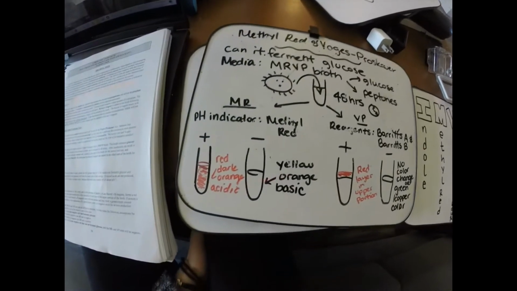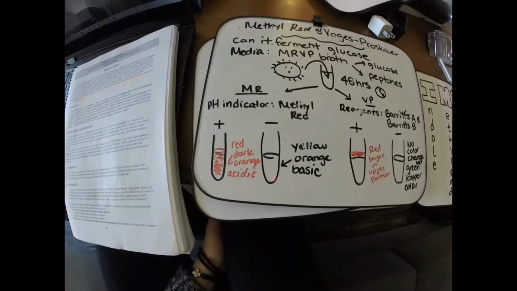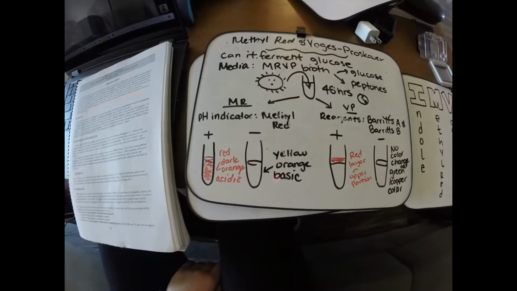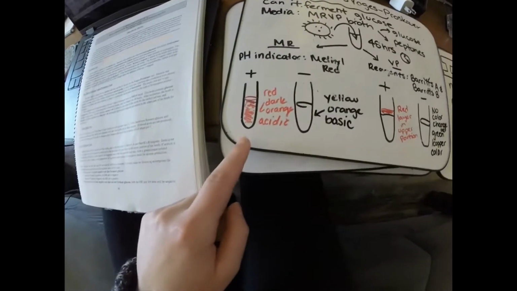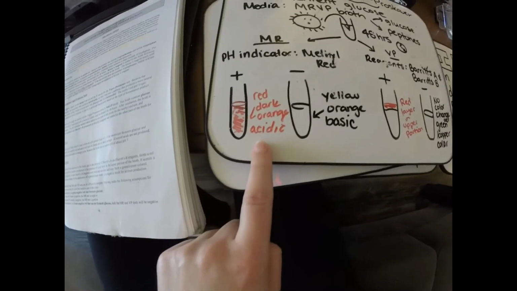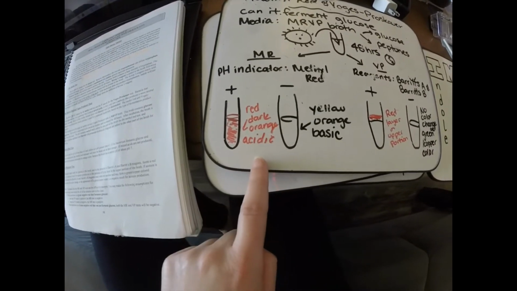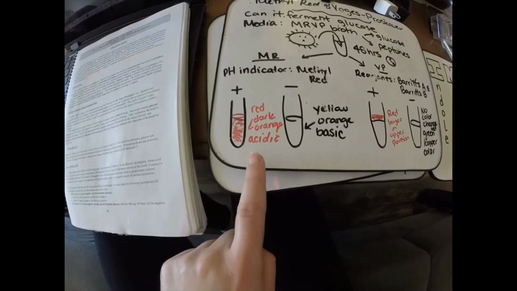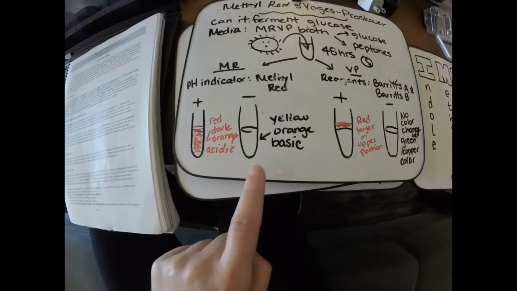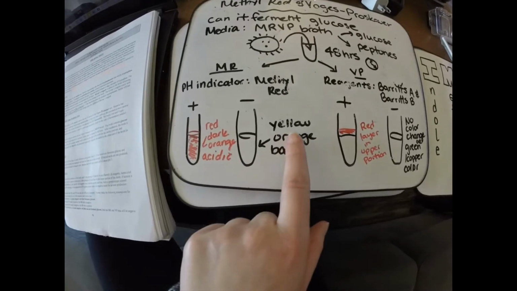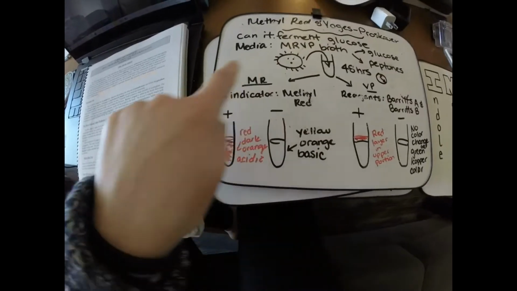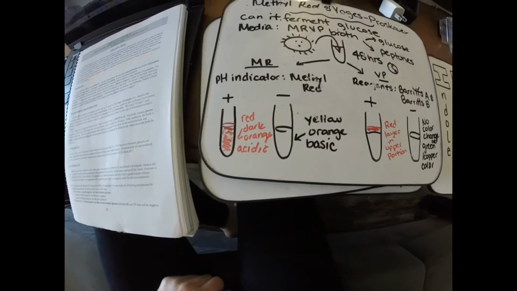For the methyl red test, crazy enough, you're going to be adding a pH indicator, methyl red, which produces a red color when it's in an acidic environment. It can also be dark orange, and that will be a positive MR test. If it's negative, it will be yellow or orange in a basic environment. So that's what this test will look like for positive and negative.